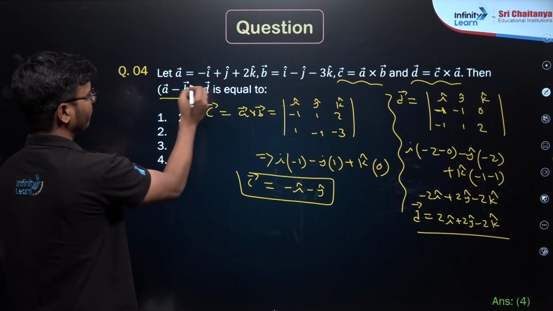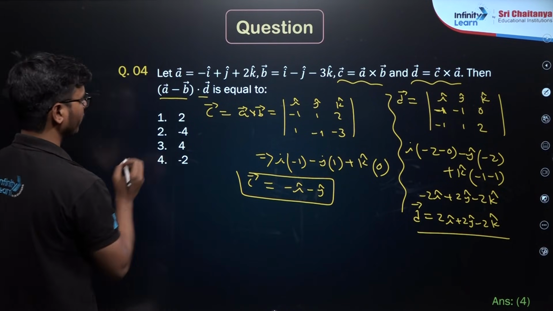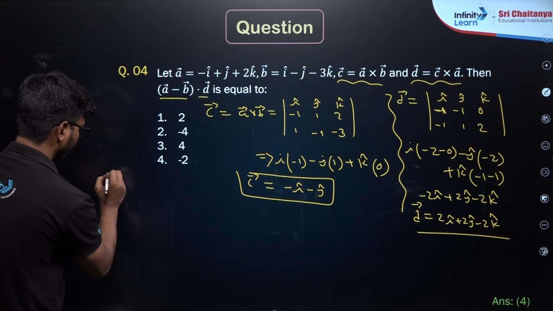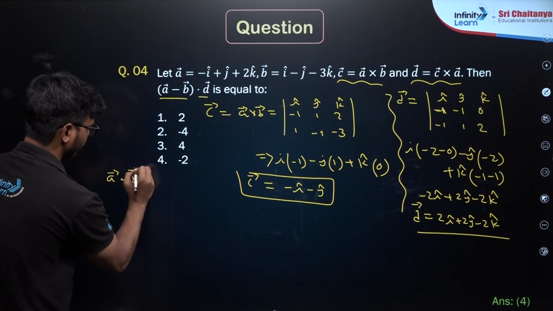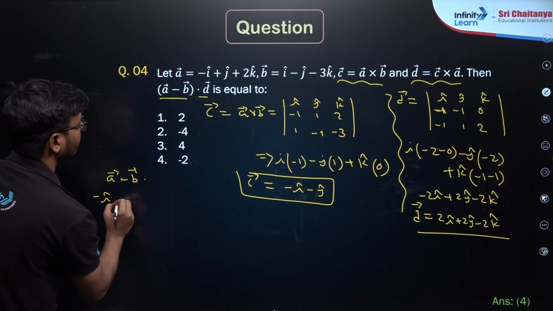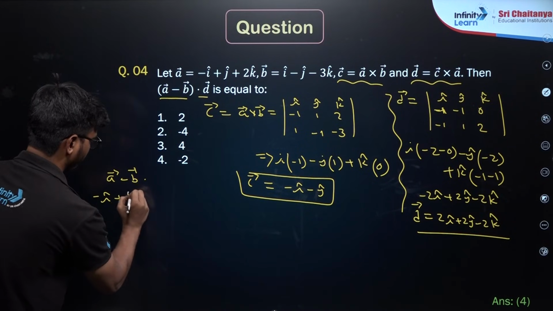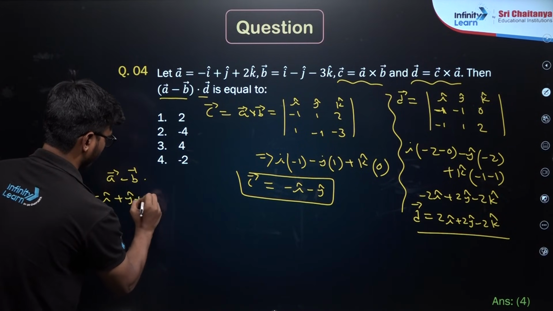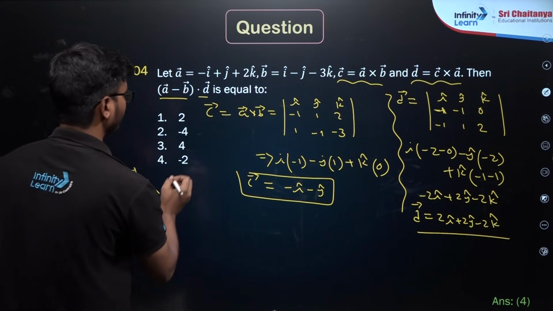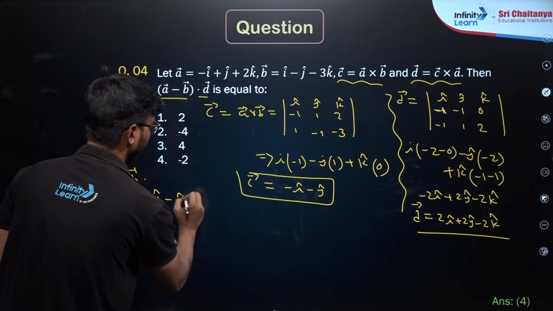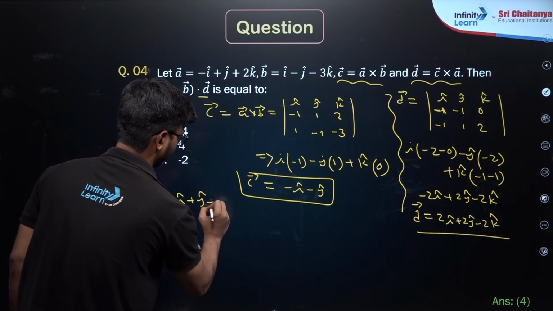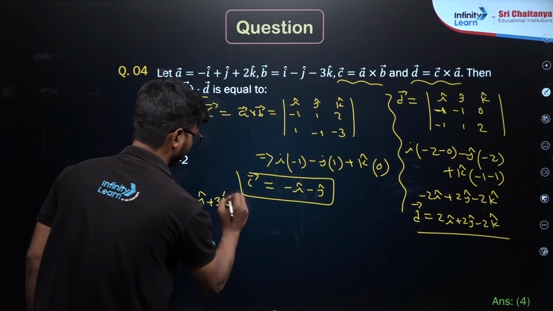Now I want to find A minus B dot product D. So let's find A vector minus B vector. So A is nothing but minus of i cap plus of j cap plus of 2k cap, minus of B vector, it will be your minus of i cap plus of j cap plus of 3k cap.